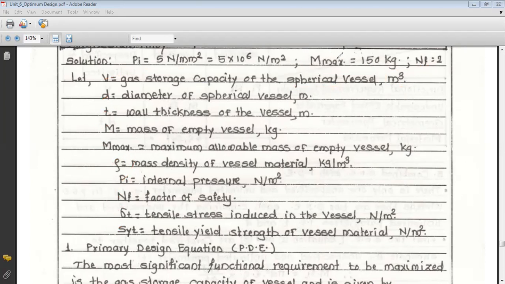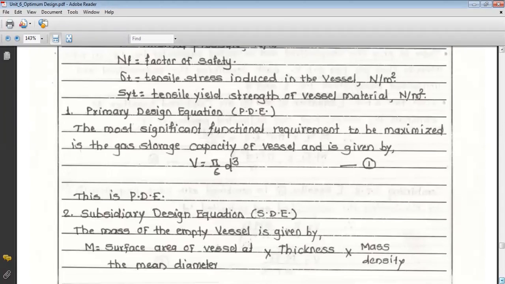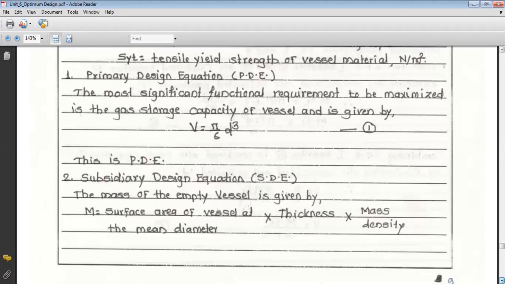So our main aim is to maximize the volume storage capacity. The first step is to write the primary design equation, that is PD. Now in the problem, the most significant functional requirement parameter is given.